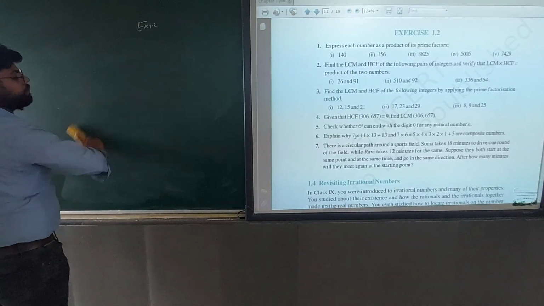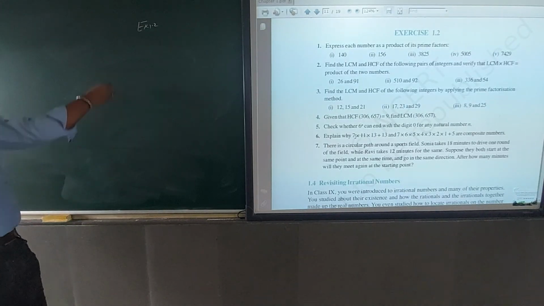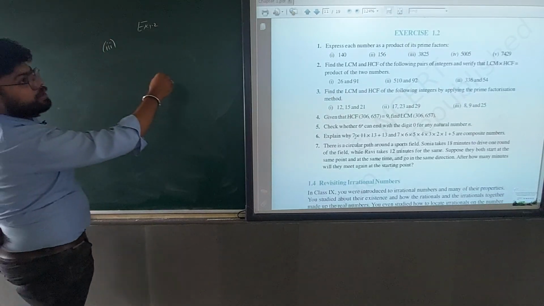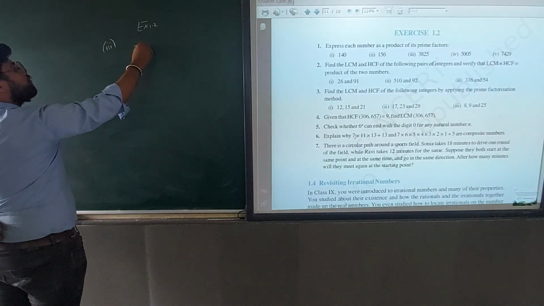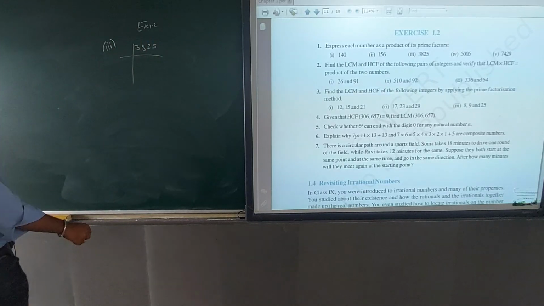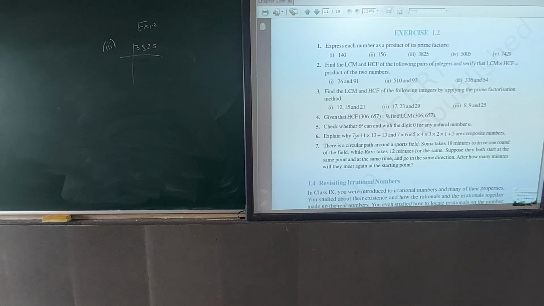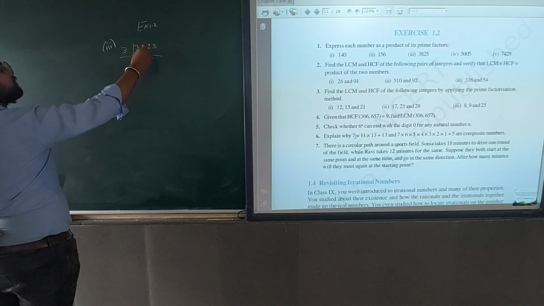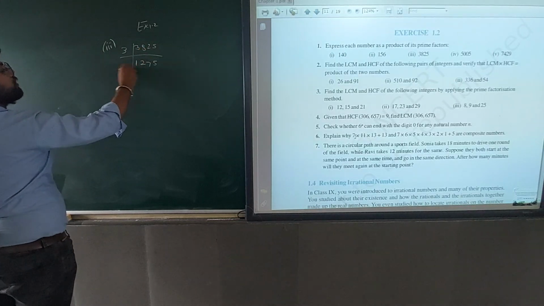Third part, 3825. We go with the table of 3. 3 1s are 3, 3 2s are 6, 3 7s are 21 and 3 5s are 15. Now which table?